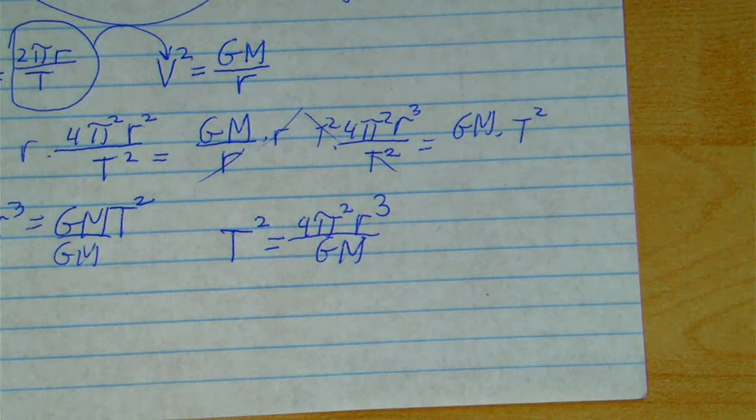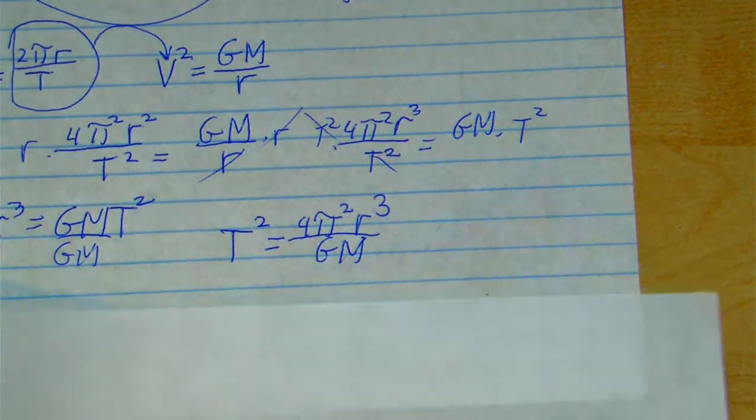This is the other big formula that we're going to be using these days. It's called Newton's version of Kepler's third law.